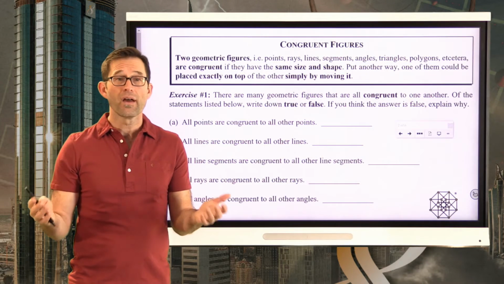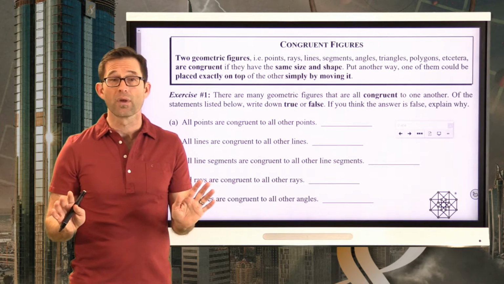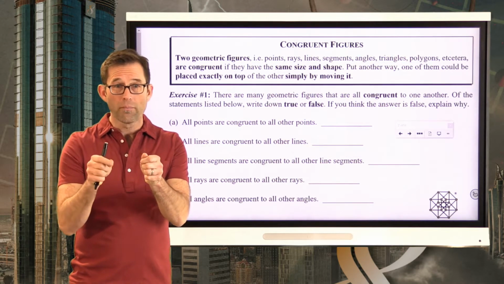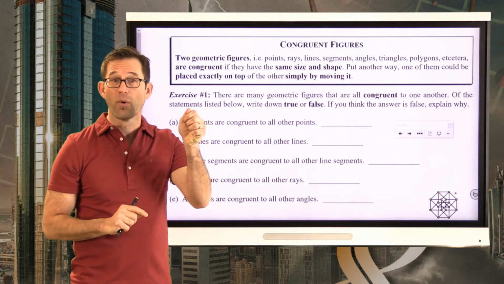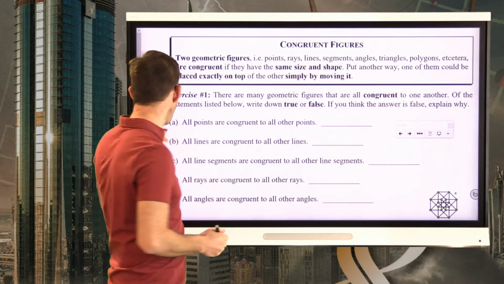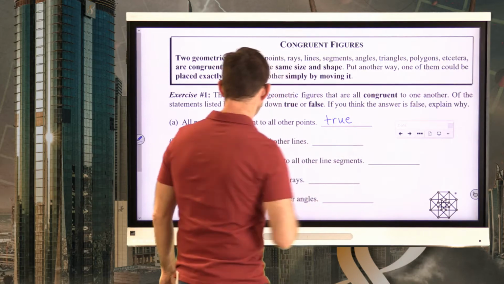Are they identical? Yeah. They might be in different locations, but that's completely okay. The idea is if I took a piece of paper and drew that one point on it, I could pick that paper up and lay it on top of the other point. So all points are congruent to all other points? Absolutely true. No question about that.